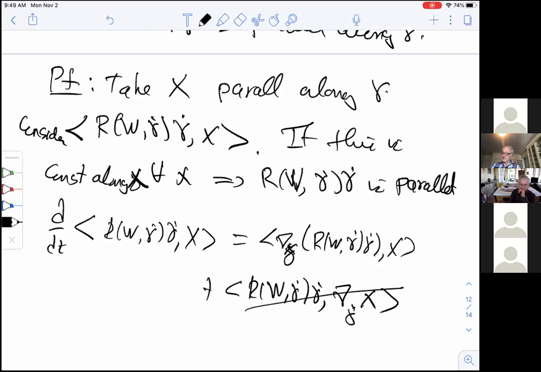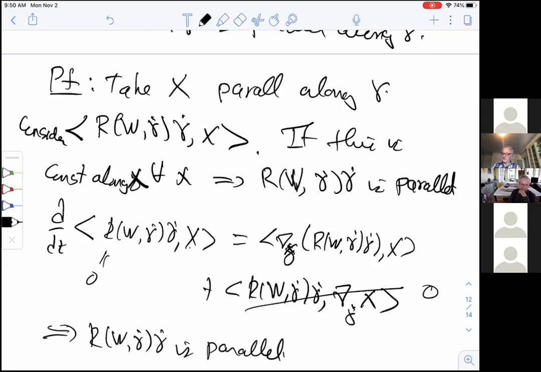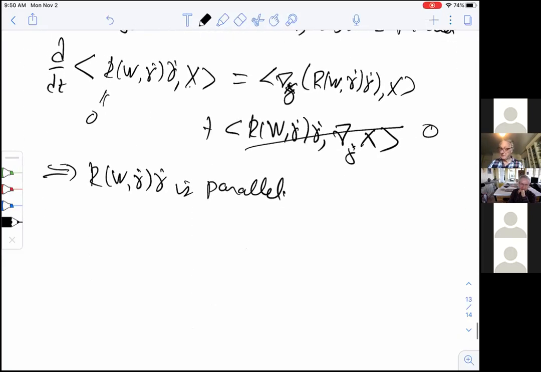This term vanishes because X is parallel. This term vanishes because I'm assuming that this inner product is constant. So if the inner product is constant for every parallel X, we see that the covariant derivative against any parallel X is 0, and that implies the covariant derivative is 0. Implies that this thing is parallel. Okay, so that's what we have to prove.